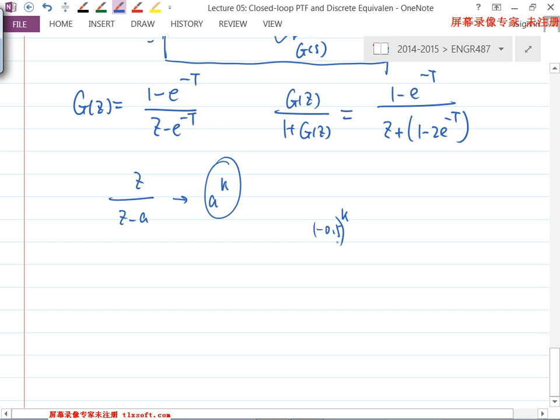But what would be the difference between these two? Both of them will always decrease to 0 as k goes to infinity. So, in other words, as long as the absolute value of a is less than 1, then you have a stable case.